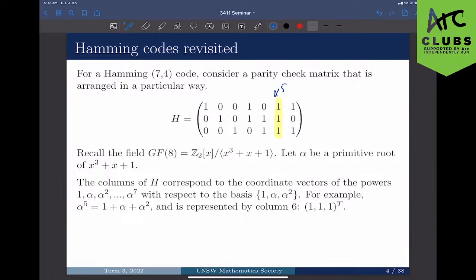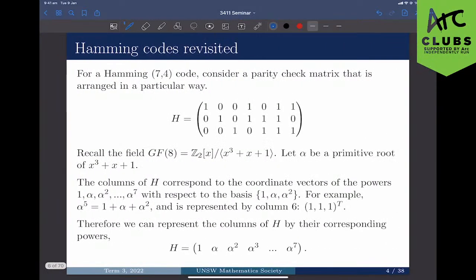And that's because alpha to the power 5 is equal to 1 plus alpha squared plus alpha, giving 1, 1, 1. And therefore, we can represent the columns of H by the powers of the root alpha. So here we have 1, alpha, up to alpha to the power 7.